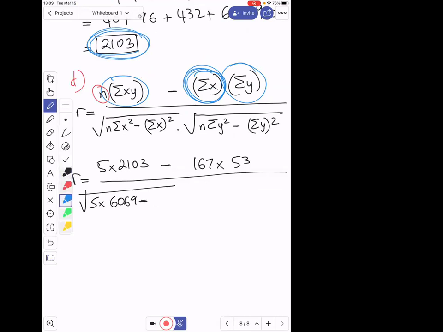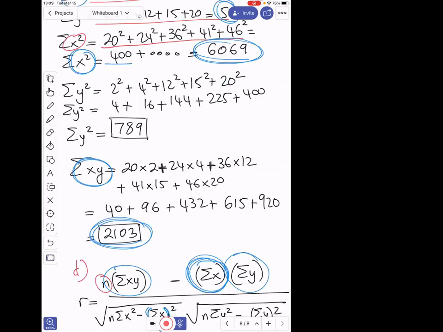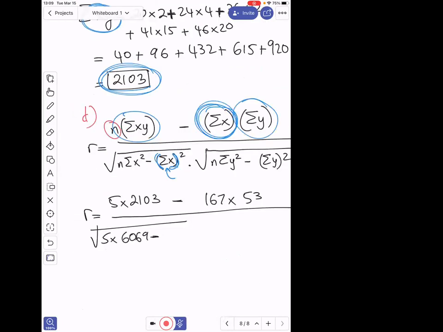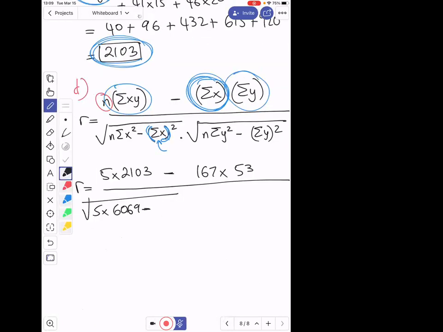You see there's a square outside the parentheses. Inside the parentheses is the sum of the values of x, which is 167, and then there is a square.